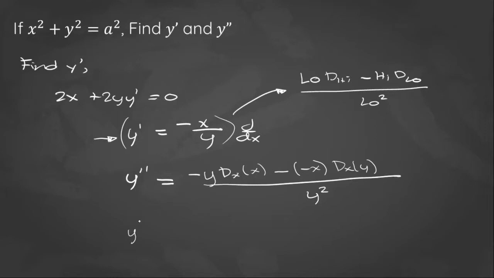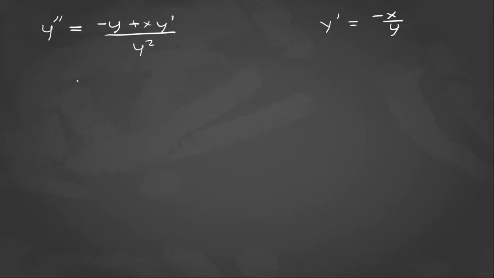So y double prime is equal to, the derivative of x is 1, so this will become negative y, and this one will be positive, so positive x y prime over y squared.